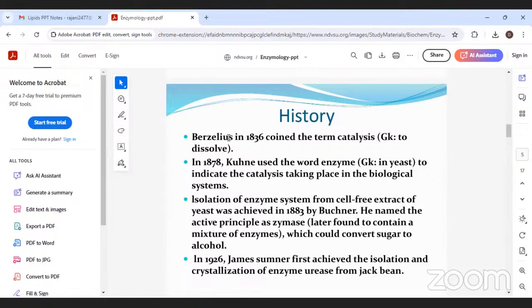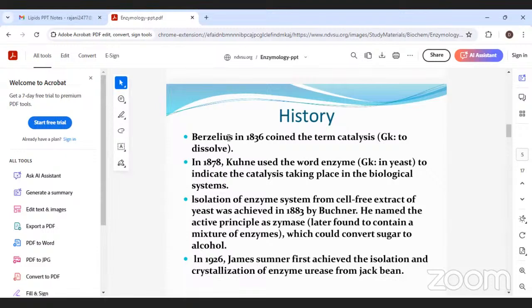Next, isolation of an enzyme system from the cell-free extract of yeast was achieved in 1883 by the scientist Buchner. He named the active principle zymase.